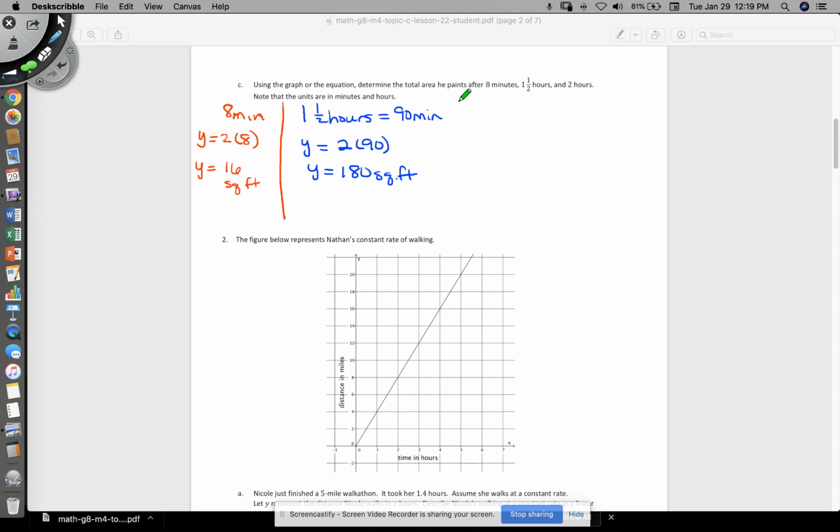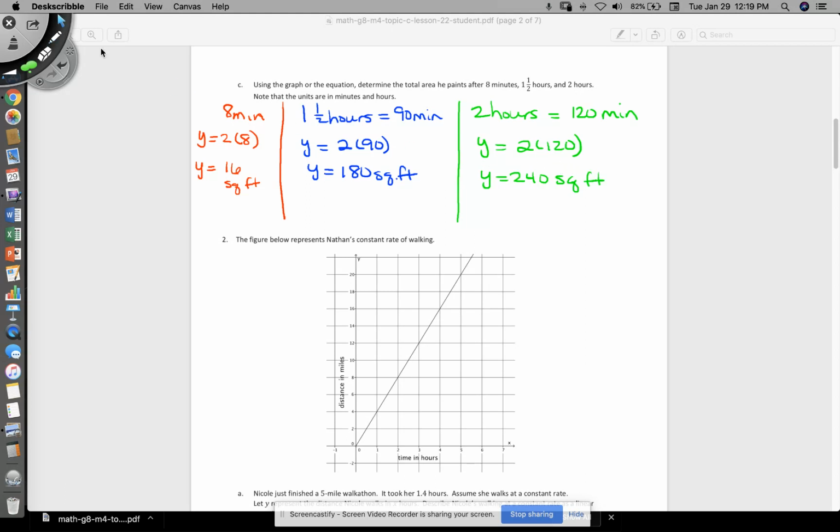And our last one here is 2 hours. 2 hours is 120 minutes. So we're going to say Y equals 2 times 120, and Y equals 240 square feet.